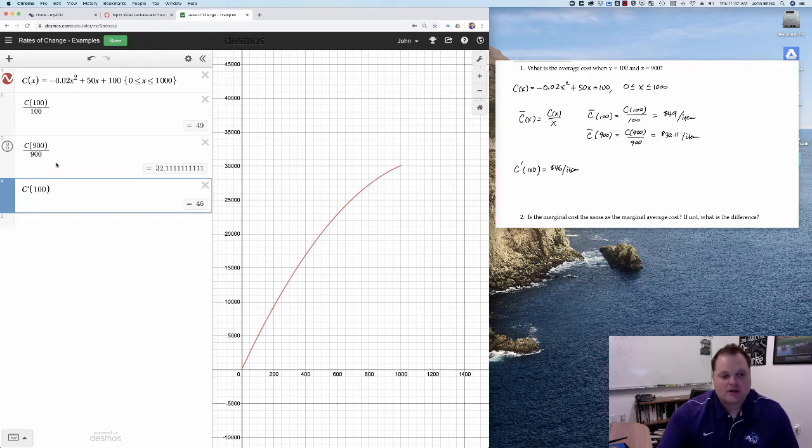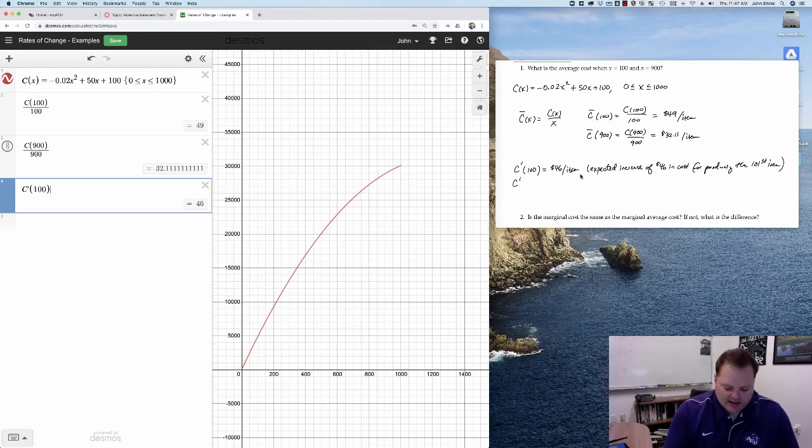Now remember, to interpret this differently, when you say $46 per item, what you mean is it's an expected increase of $46 in cost for producing the 101st item. Remember, that's what that means.